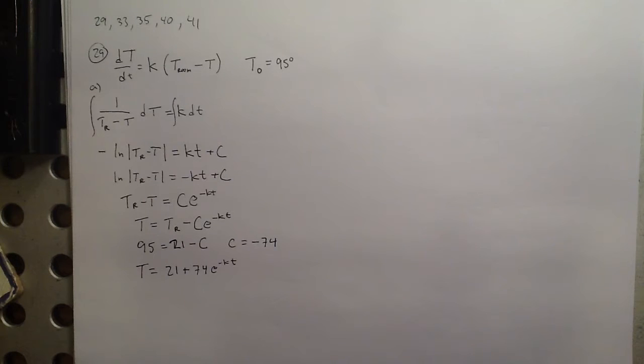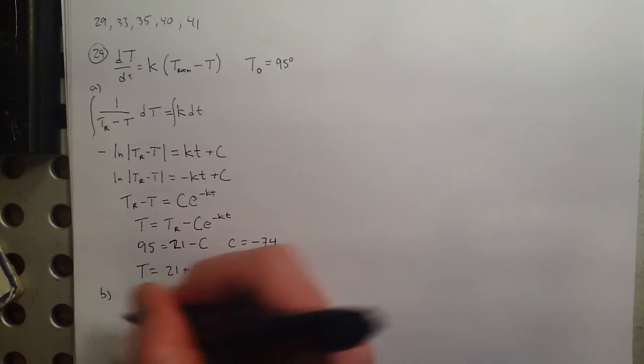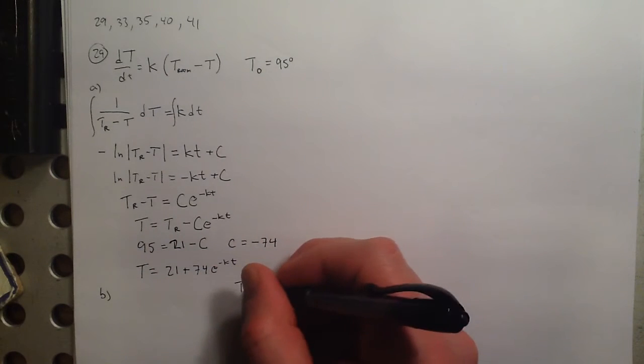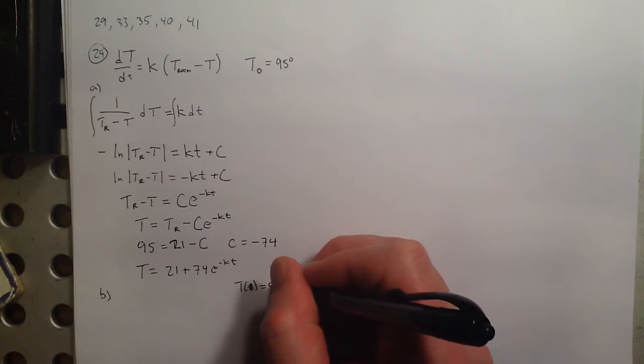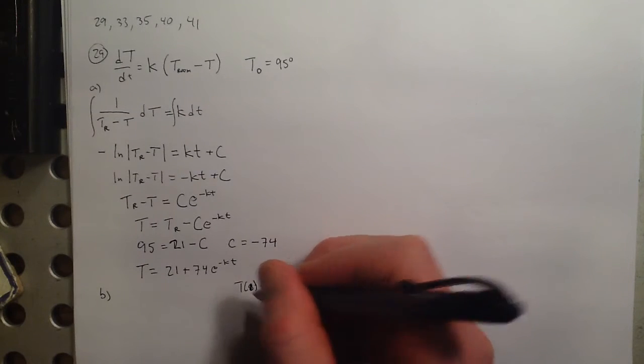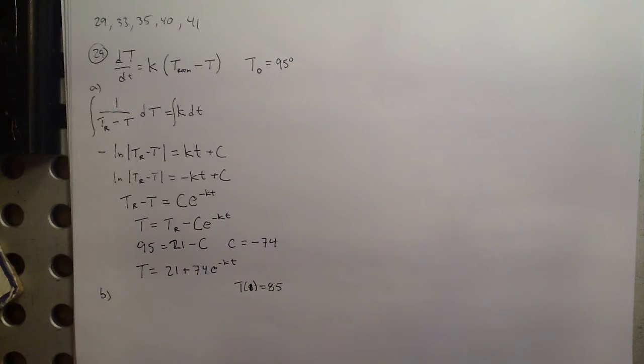Okay? In part B, how many minutes will it take for the water to reach a temperature of 51 degrees if it cools to 85 degrees in 1 minute? So the temperature after 1 minute is 85. That gives me another point, which will allow me to solve for k.